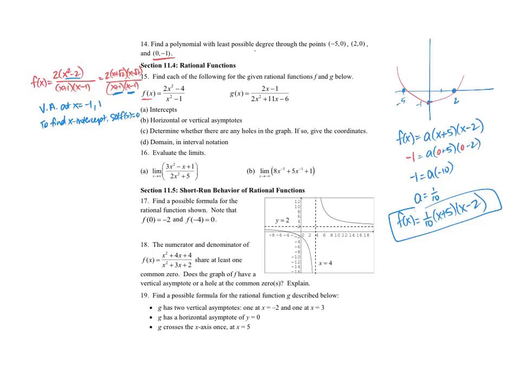So if I set f of x equal to 0, I get 0 equals 2 times (x squared minus 2) over (x + 1)(x - 1). I can multiply both sides by (x + 1)(x - 1), and when I do that, multiplying by 0 just gives me 0. And then I can divide both sides by 2, so I again have 0.